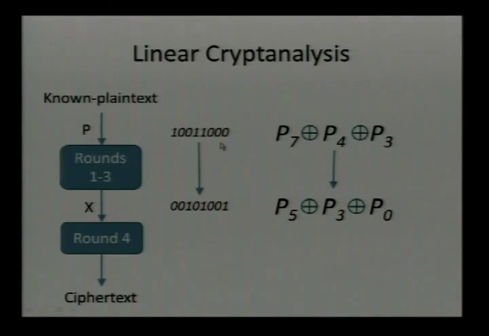So if we have a linear characteristic like the one in the middle with this binary here, what that means is that if we send a plaintext in and bits 7, 4, and 3 XOR together to get some 1-bit result, it means that the output, if you XOR bits 5, 3, and 0, they're going to be the same or they're going to be different.